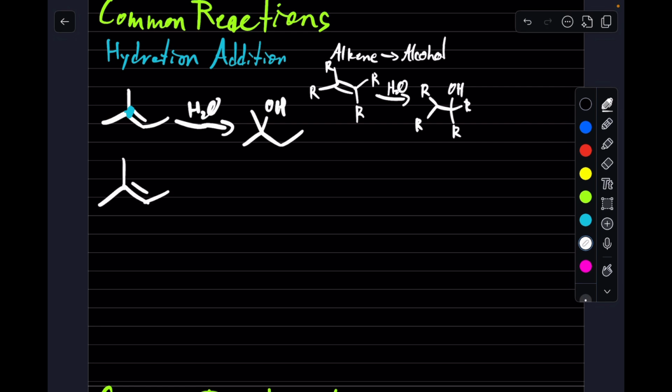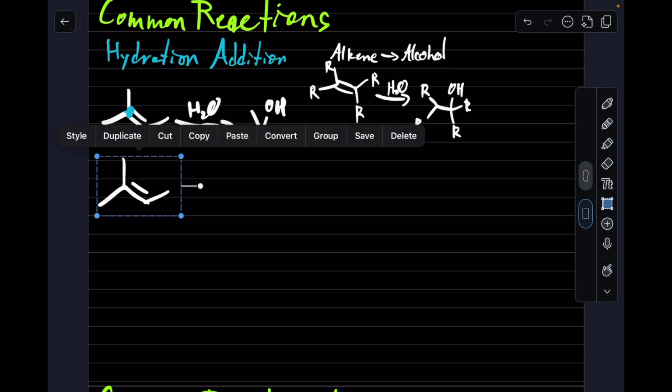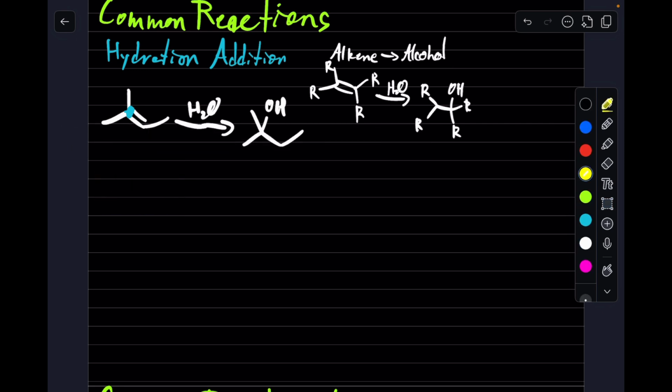So, okay, hold on. Let me just use 2 different colors. And water. So, when you think about it, a double bond is essentially just 2 electrons, right?